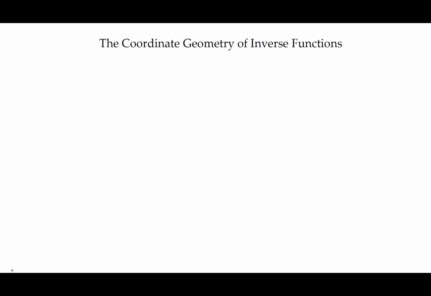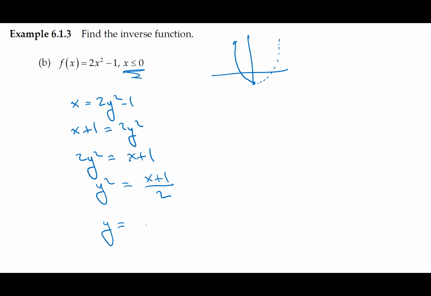Really, when you have y squared equals, you get plus or minus, right? Well, that's where this domain restriction comes in. Plus or minus, which one? Minus, okay, minus. Right, because I'm looking at the left side, okay?